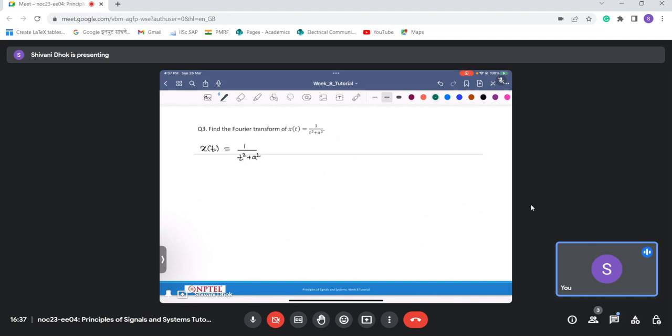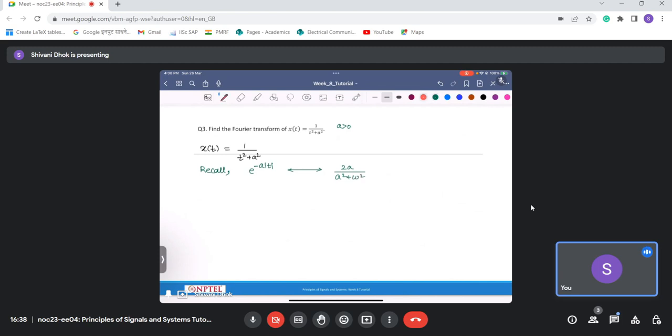Now if you recall, in class we had seen the signal e power minus a mod t, and let's say this a is greater than 0, and its Fourier transform was obtained as 2a upon a square plus omega square.